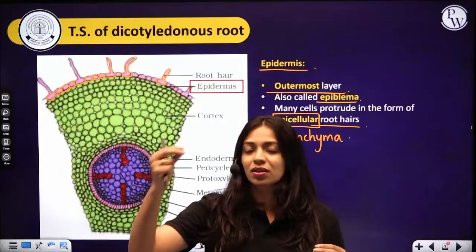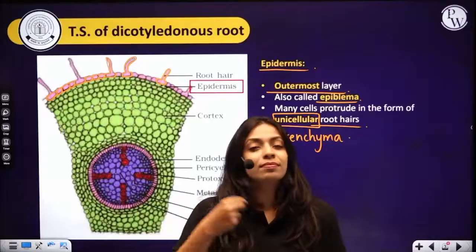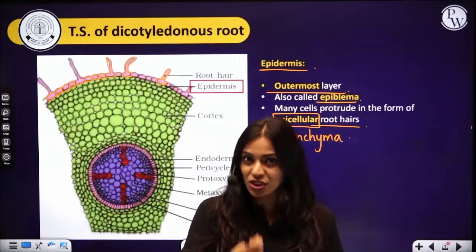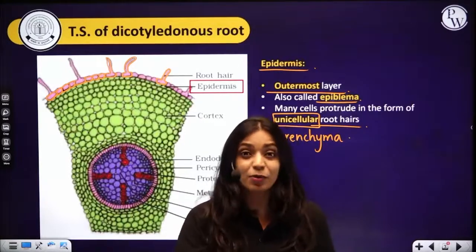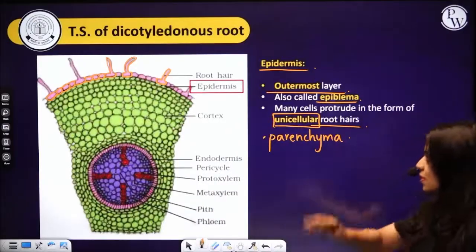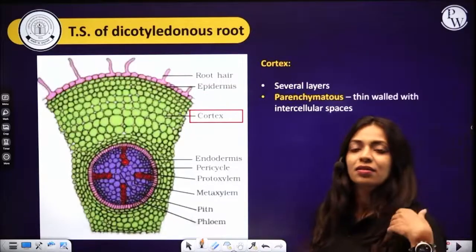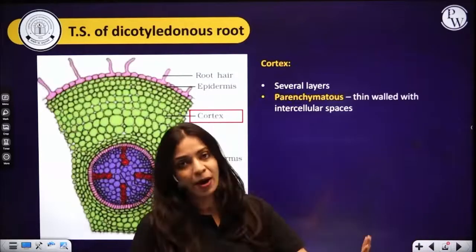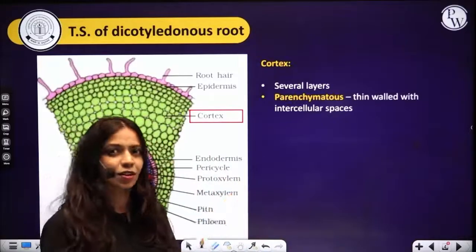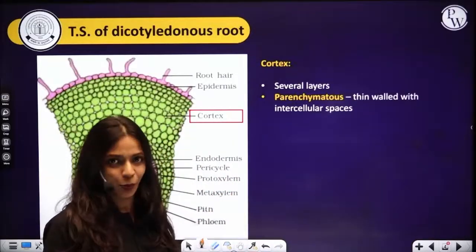And it gives out extensions that are called root hair, which increases the surface area that is available for absorption of water and minerals. All right, so that's about the epidermis. In the epidermis of roots, you do not find cuticle or stomata, okay? Because it's an underground part of the plant and it's not required there.